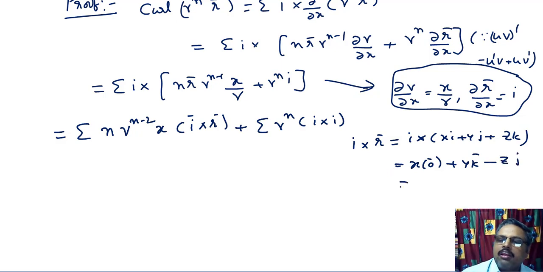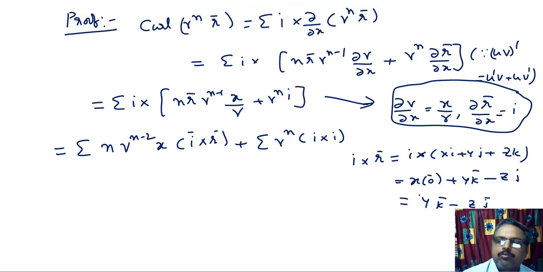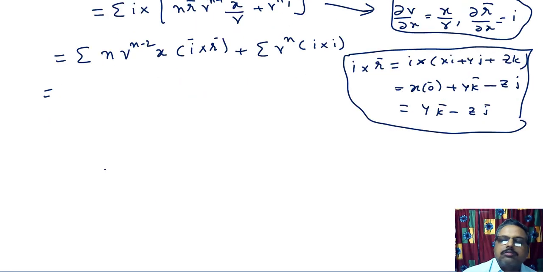So, finally, you will get y k bar minus z j bar. Using this result, then what happened?